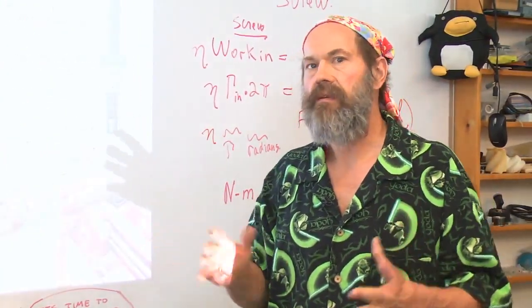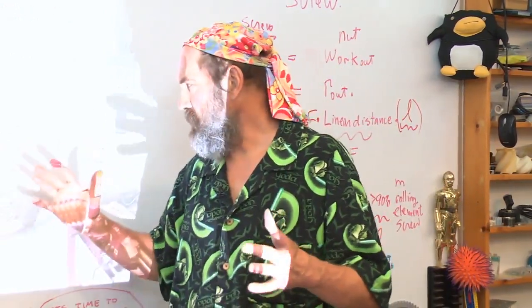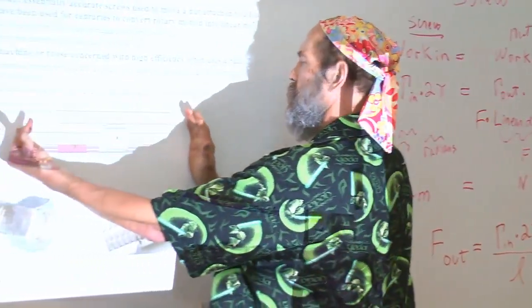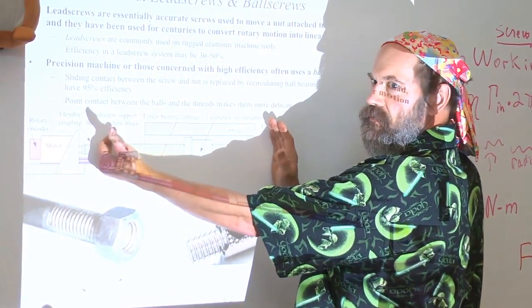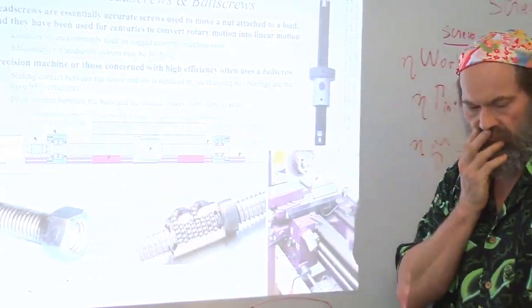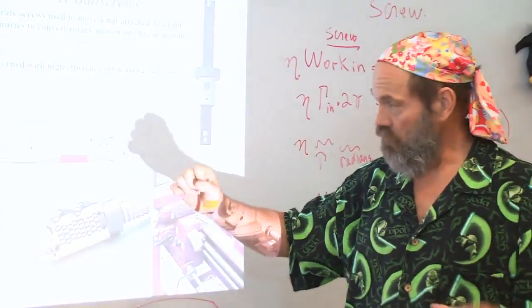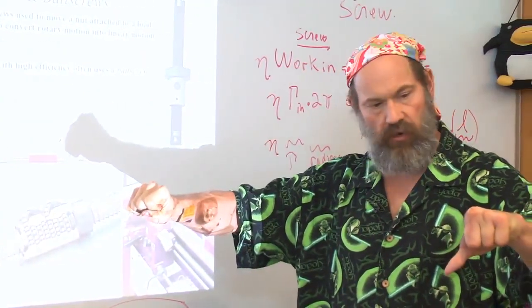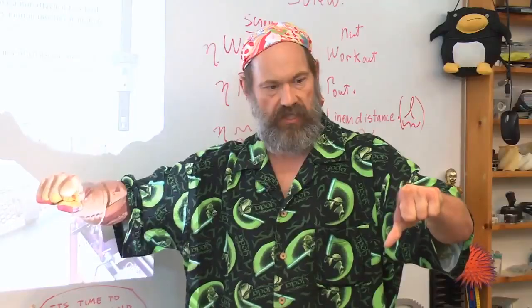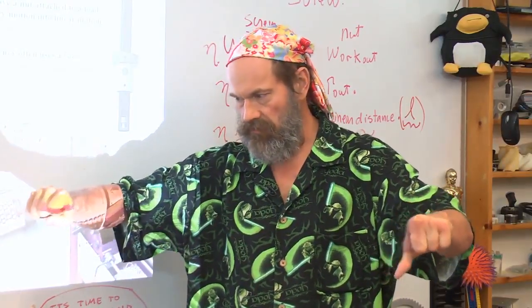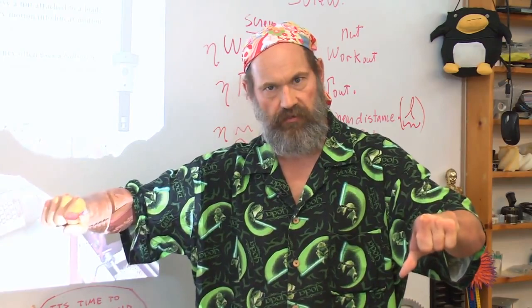How would you stop that? How would you mount the screw in bearings that hold it at both ends such that if the screw got hot and expanded, it wouldn't buckle? Why would you want to hold the screw mounted at both ends, so this pair of bearings and this pair of bearings, both sets can take forces in either direction?